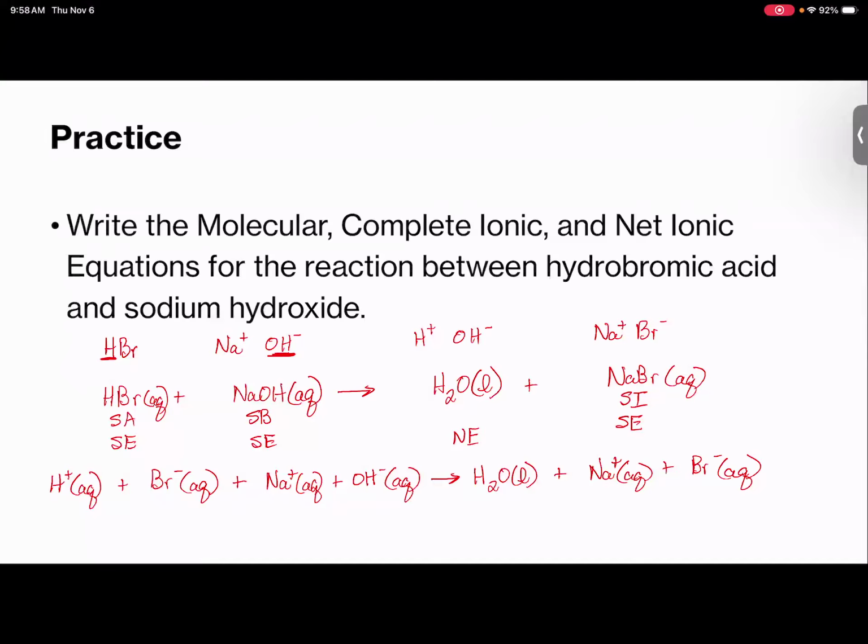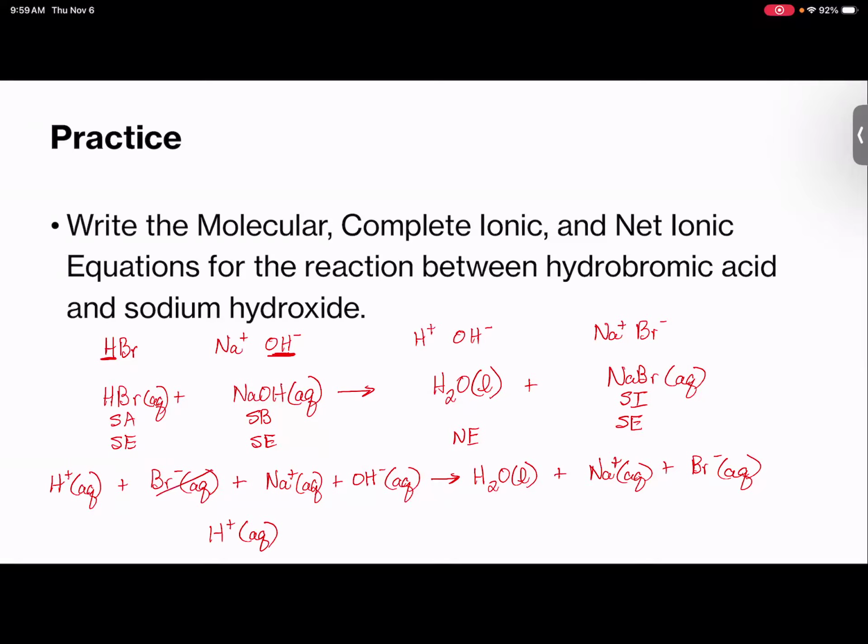To go from the complete ionic equation to the net ionic equation, you remove the spectator ions. Those are ions that appear the same on the reactant side as they do on the product side. On the reactant side, I have H plus aqueous. Do I have H plus aqueous on the product side? No, so I bring the H plus aqueous down into the net ionic equation. On the reactant side, I have bromide aqueous. Do I have bromide aqueous on the product side?